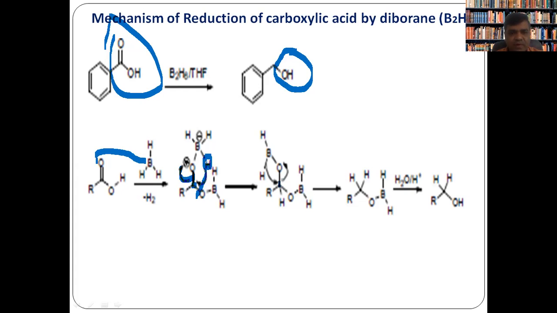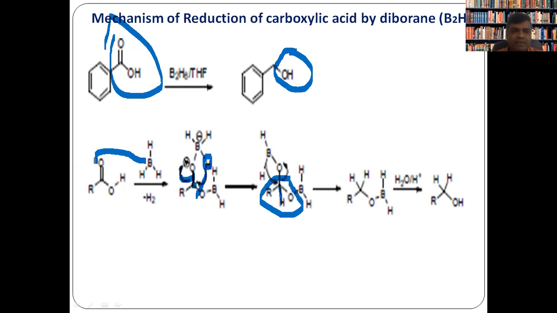This is the newly formed CH bond, carbon and hydrogen bond, by hydride ion transfer. After that, on hydrolysis, this part cleavage takes place, and we get RCH2OH, that is primary alcohol. This way, acid is converted to primary alcohol.